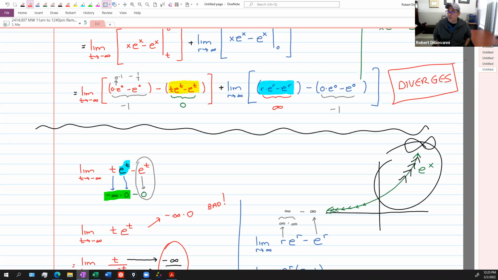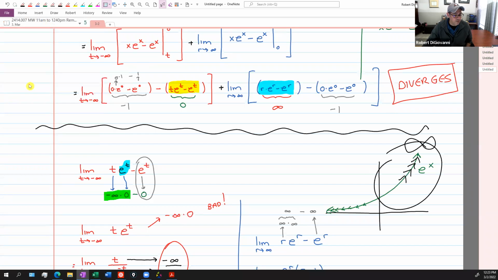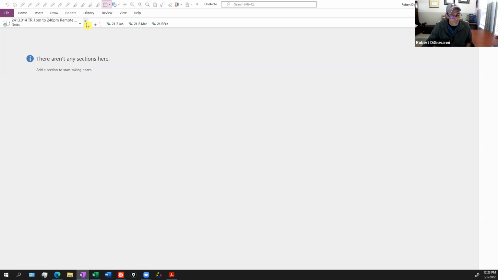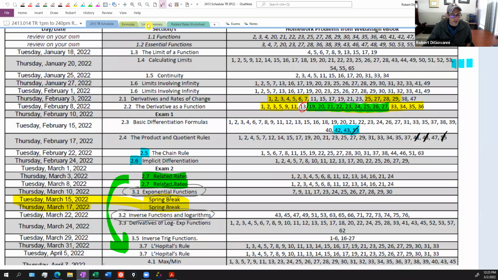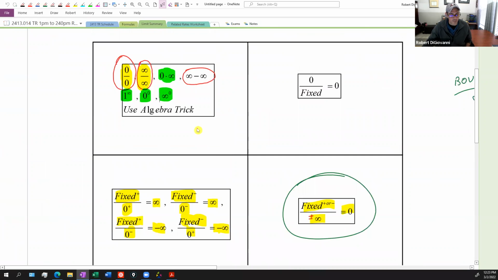So again, I will invite everyone who is unsure about L'Hopital, or whose limits have been a while, to review. What I would expect from a Cal 2 student is that you understand all the indeterminate forms. This is what I give my Cal 1 students: a page that shows all the different indeterminate forms.